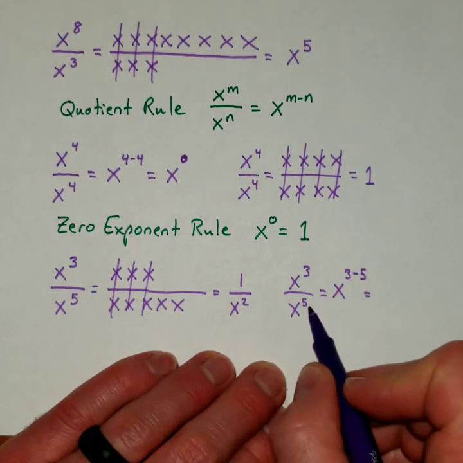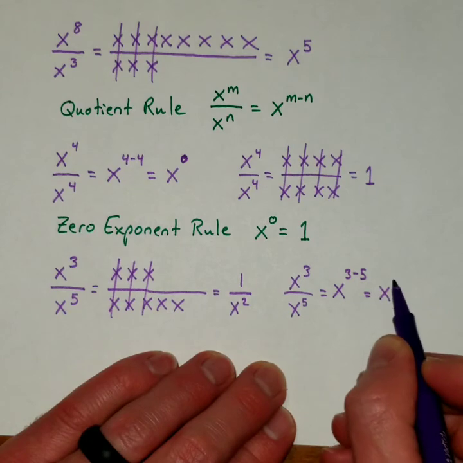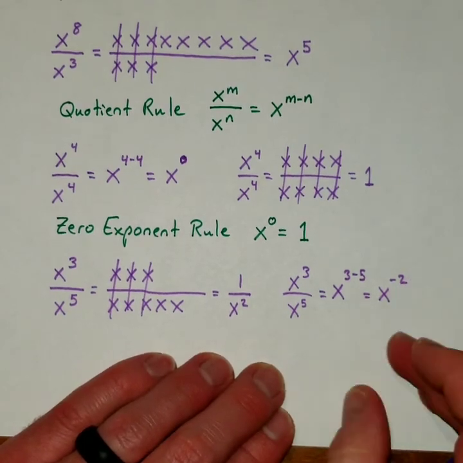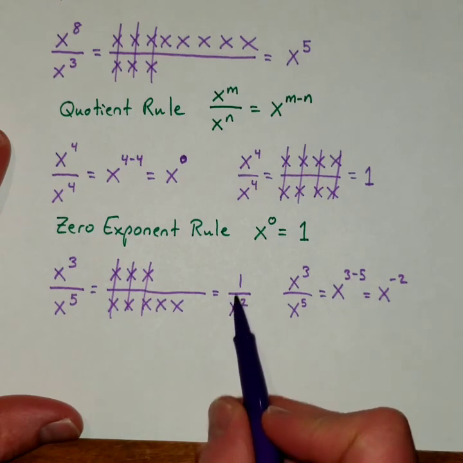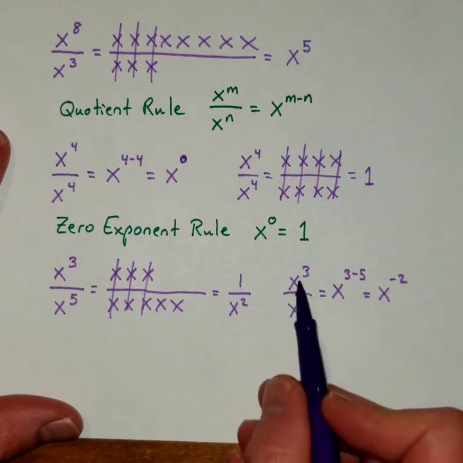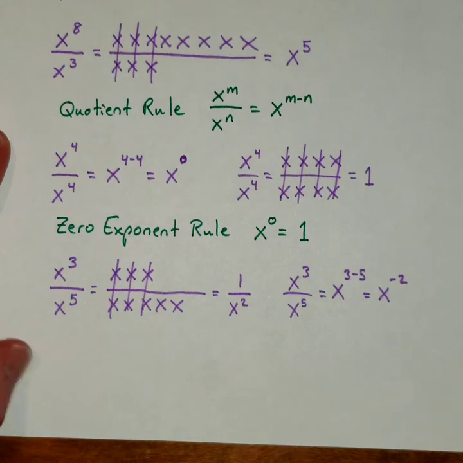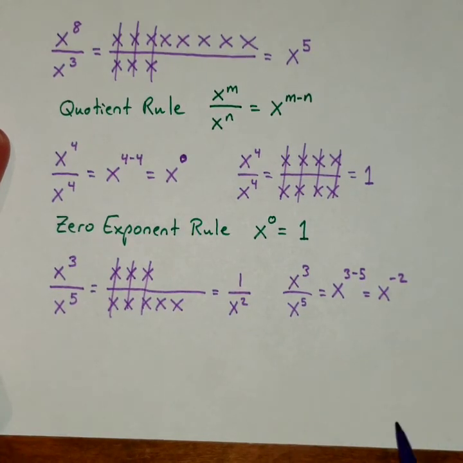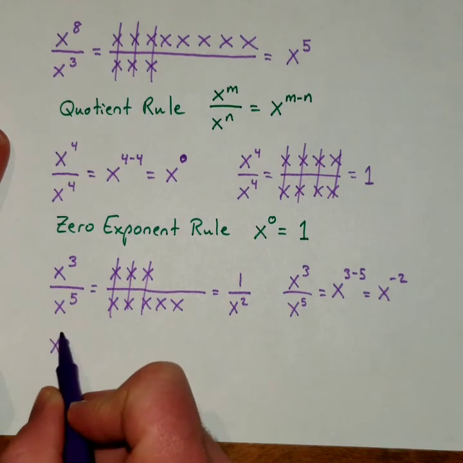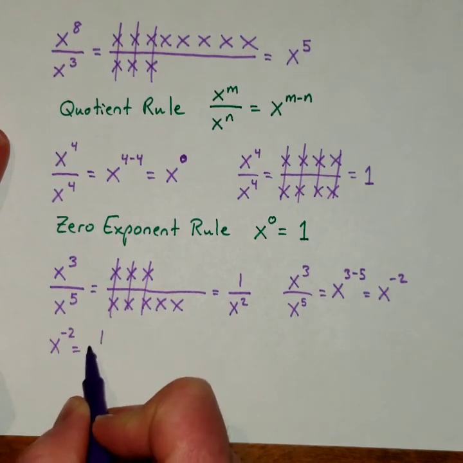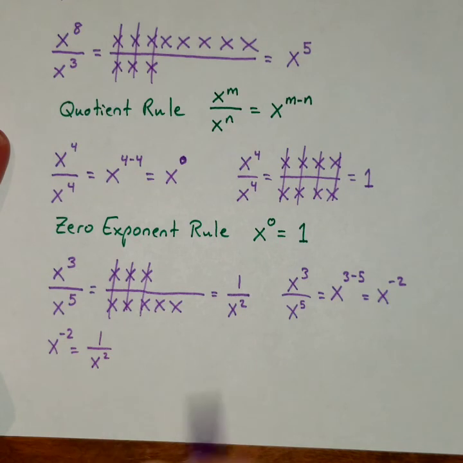Right, you're subtracting using the quotient rule, and that gives you a negative 2 power. And so because both of these expressions, 1 over x squared and x to the minus 2, are equal to the same fraction, they must be equal to each other. Okay, so we can conclude then, in this case, that x to the minus 2 equals 1 over x squared.